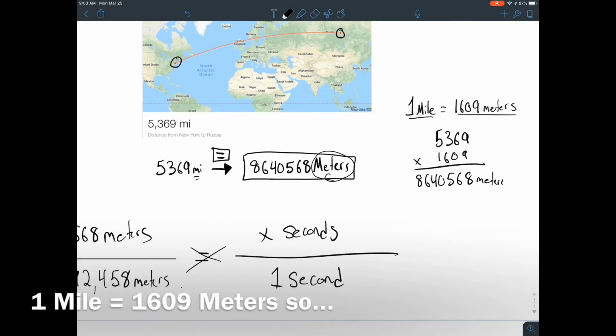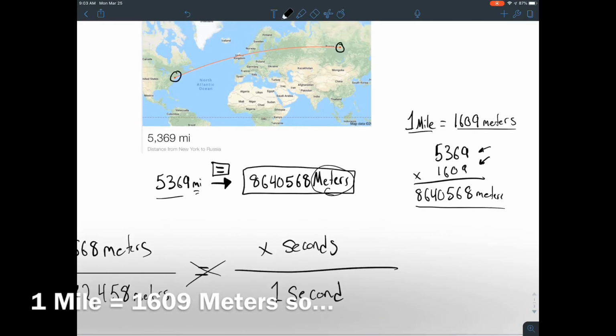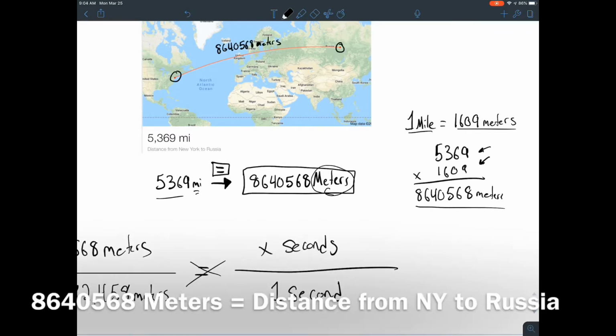So we simply multiply the number of miles that we have by the number of meters, and we get that it's 8,640,568 meters. So that is the distance from New York to Russia.